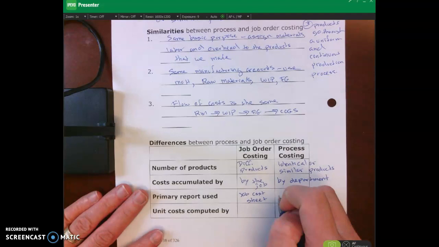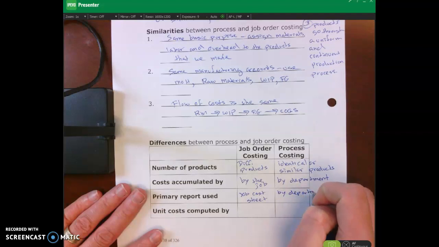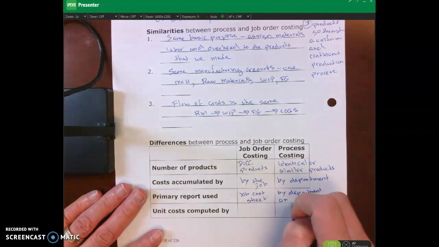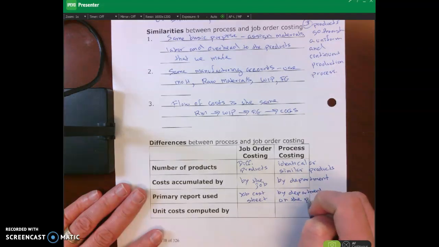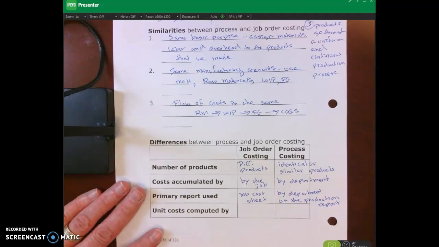And over here, we have by department on the production report. Okay, a production report, which is something that we'll talk about in more detail in a subsequent later lecture video. Okay? For now, just know that we track it by our production report.